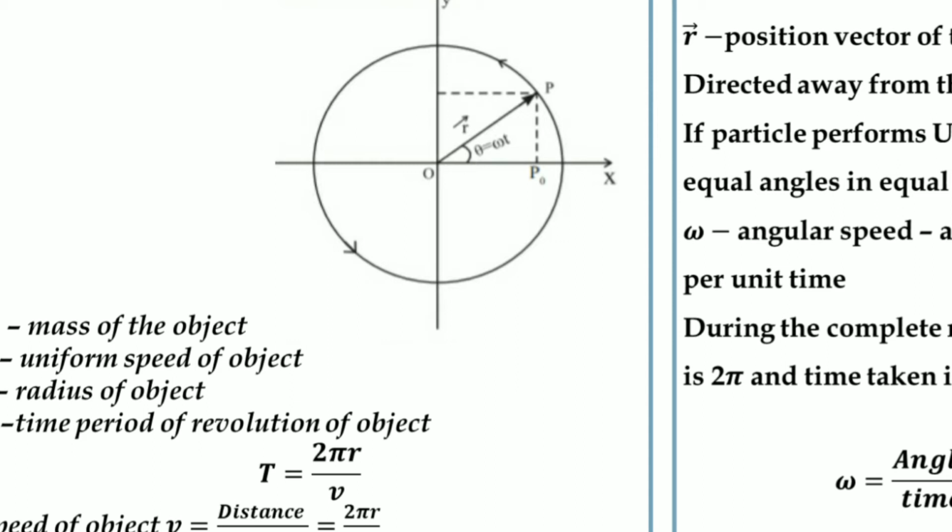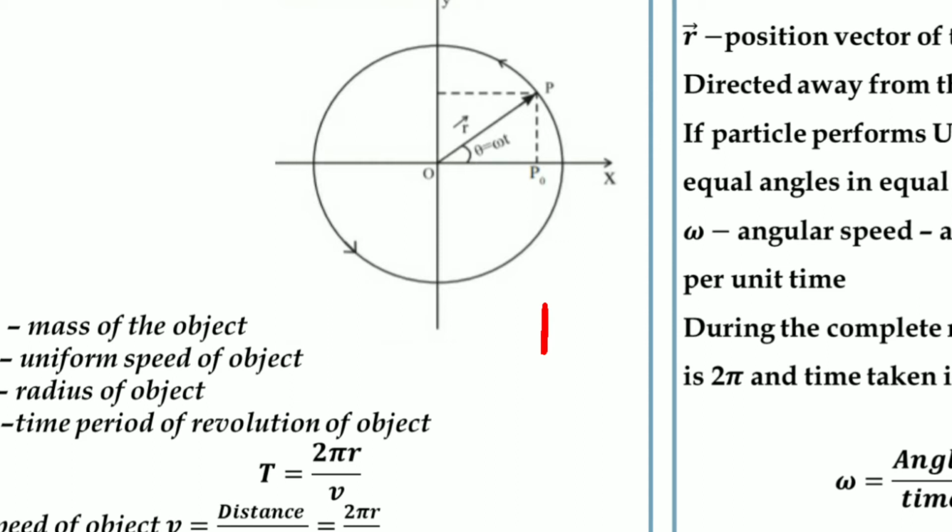Okay, in the diagram you can see that one object is performing UCM. Small m is the mass of that object, v is the uniform speed of the object, r is the radius, and T is the time period of revolution of the object.